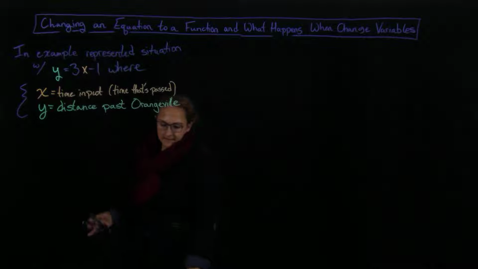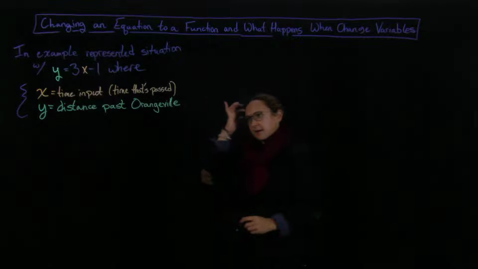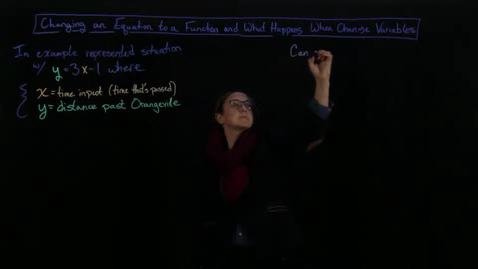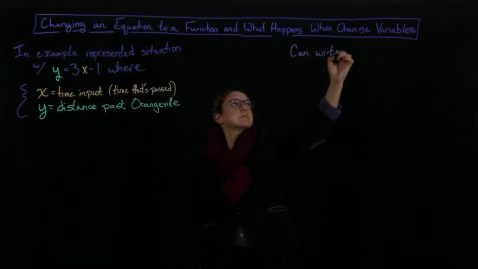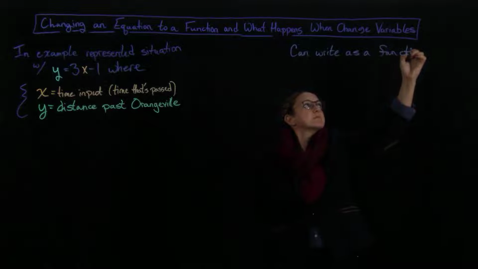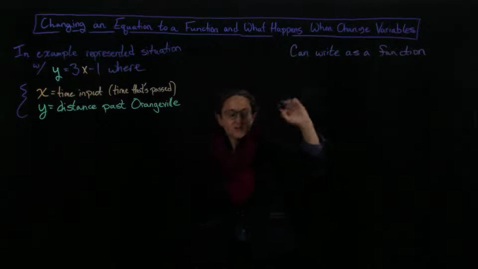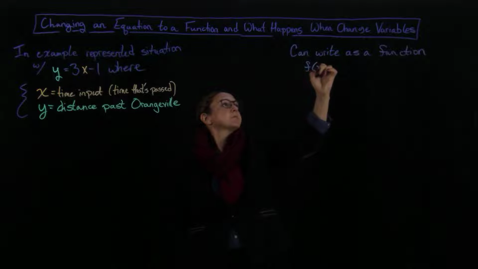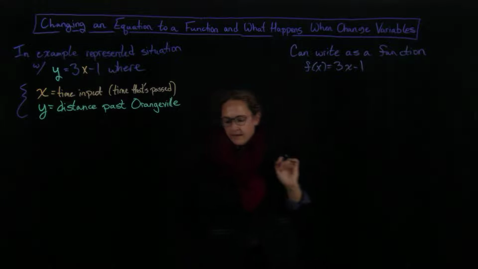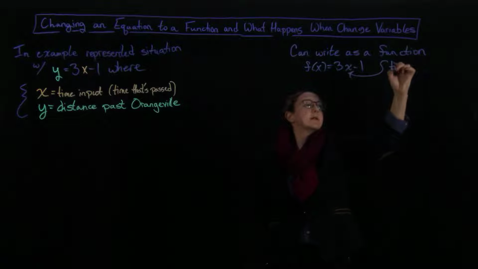Okay, now we can write that as a function. So that's the first part, to write this as a function. We have f of x equals 3x minus 1, and this x is going to be the time input, just like over there.